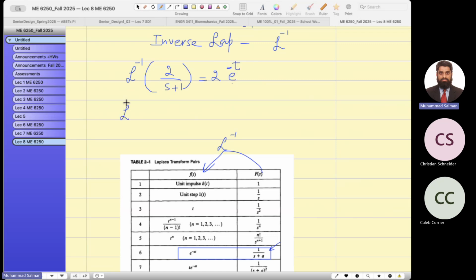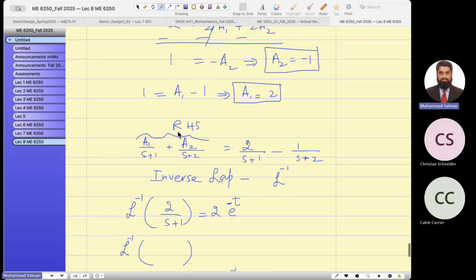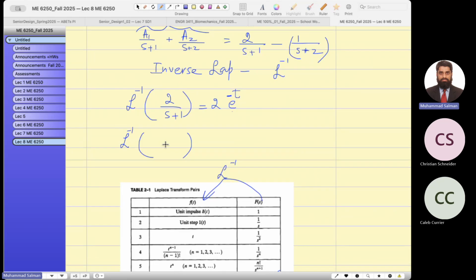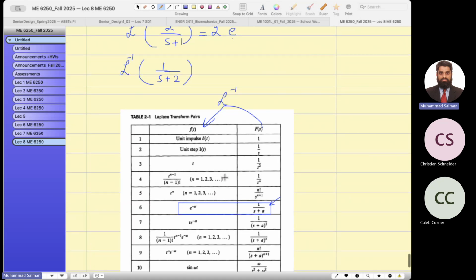Agreed. Similarly, for the other term, 1 over s plus 2, do the same thing. Use row number 6 similarly and write this down as e to the negative a. In place of a, it is written 2t. Agreed.